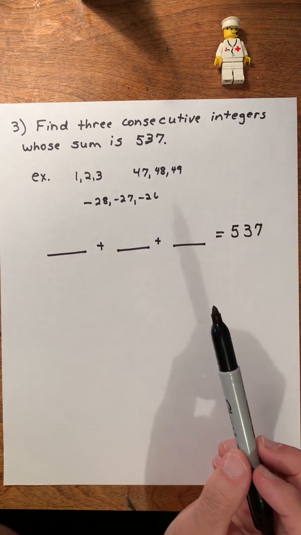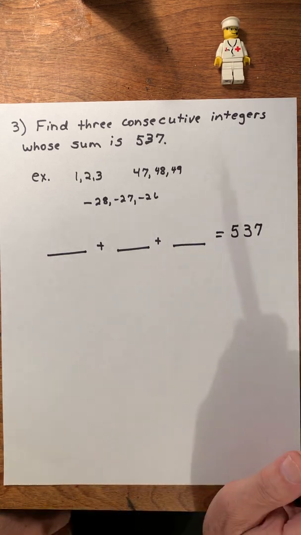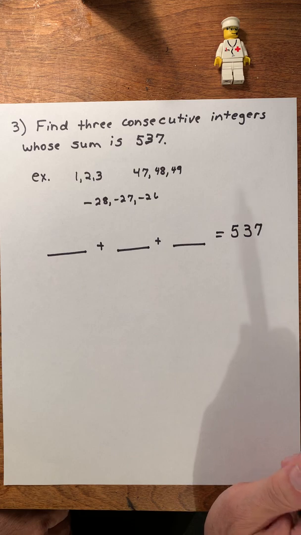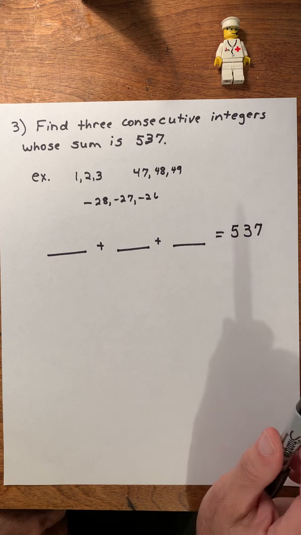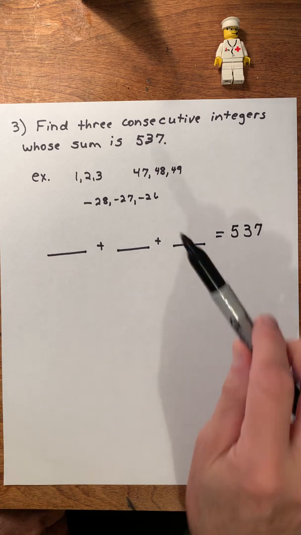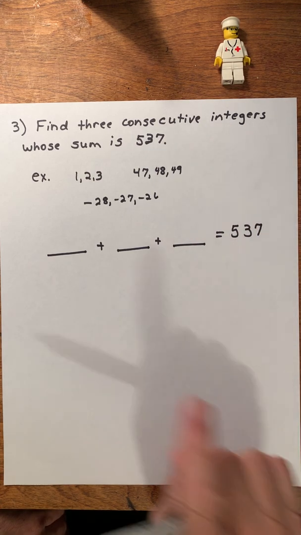Now, your problem itself and the approach in your book gives one approach to solving a consecutive integer problem, and that is to use n plus 1, n plus 2. That's okay. And if you're used to that, help yourself, go for it. But there is a variety of ways to approach this, and my suggestion is a more straightforward approach.